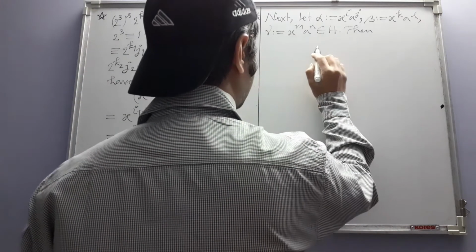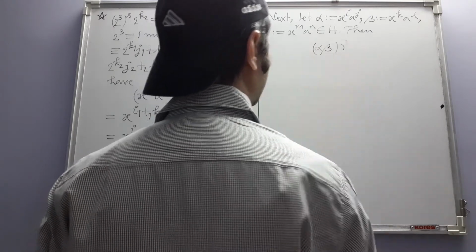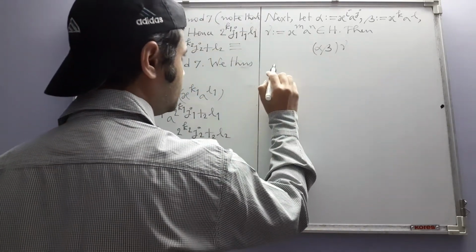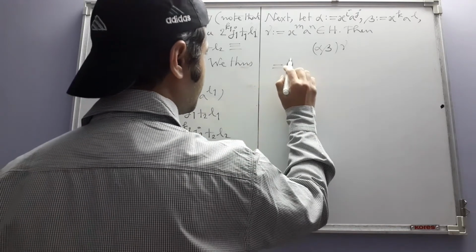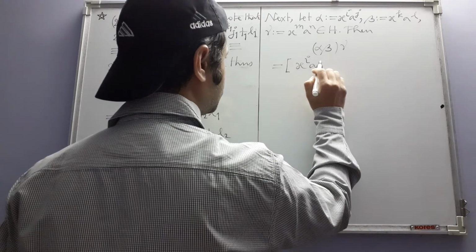We first start with alpha, beta, gamma. Let us carefully write the symbols first.